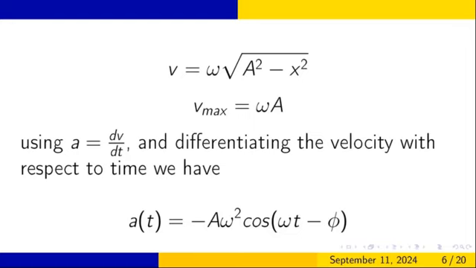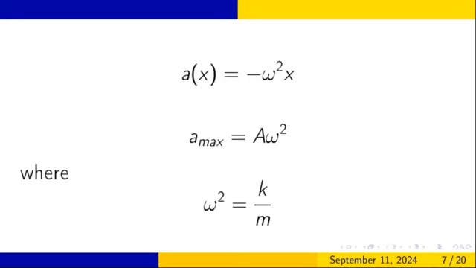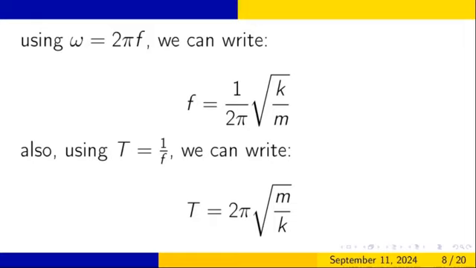So those are the equations that govern a simple harmonic system. The mass spring system is what we are using in this particular video as our model system.